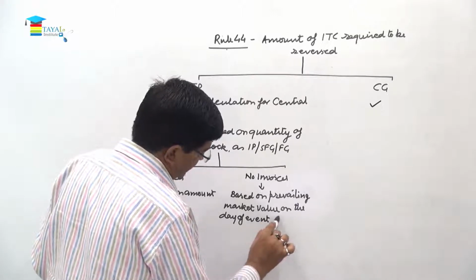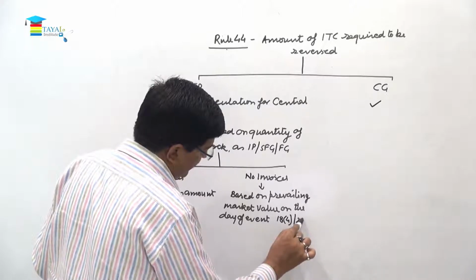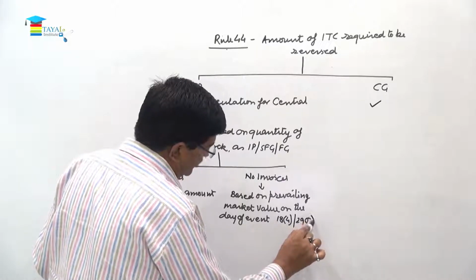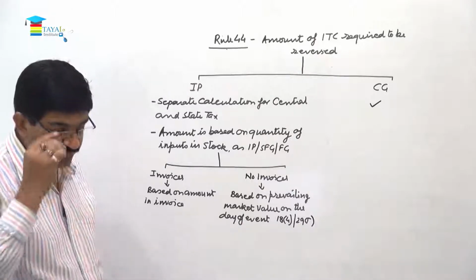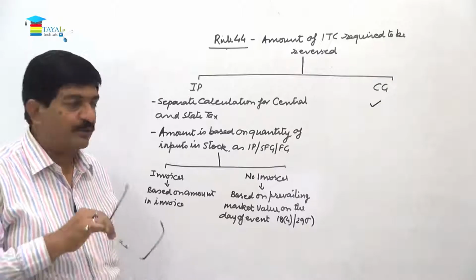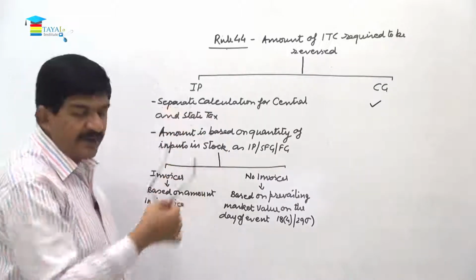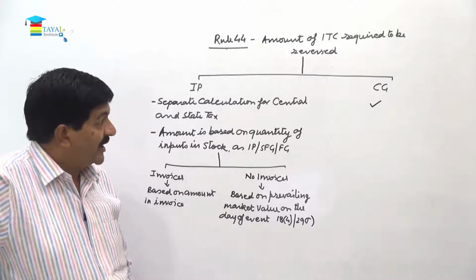And this event is either under section 18.4 or under section 29.5. So as on that day, what is the prevailing market price of those goods? Based on that, the amount of tax will be calculated by way of reverse calculation. So this is one part, how the amount of the input credit which is required to be reversed is to be calculated.